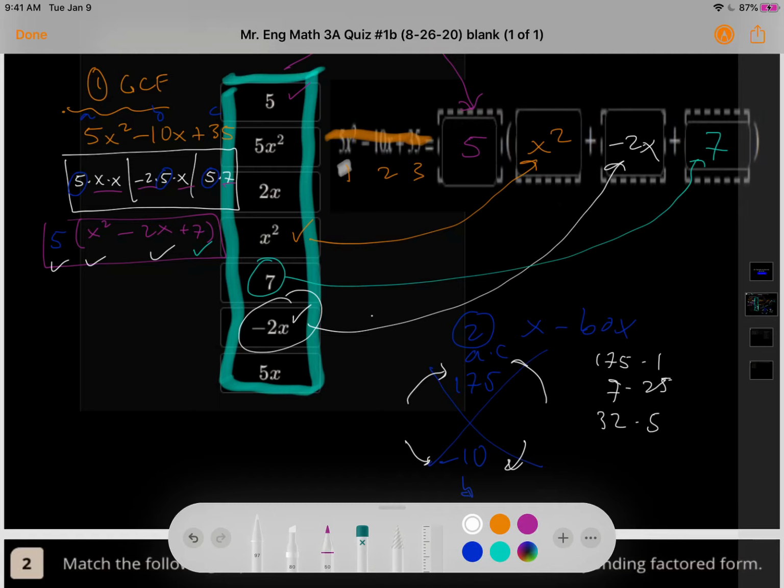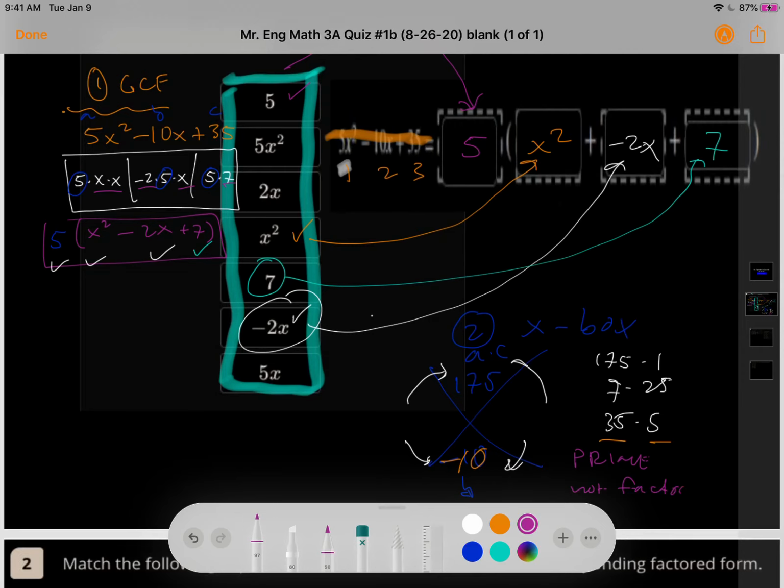Nope. 5 goes in there 3 times, 2 goes in there 5, so that should be a 35. Okay, so if I subtract any of these values, meaning I can make one of these positive, one of these negative, will it ever equal negative 10? The answer is no. So this means that it's prime. Prime means it's not factorable.